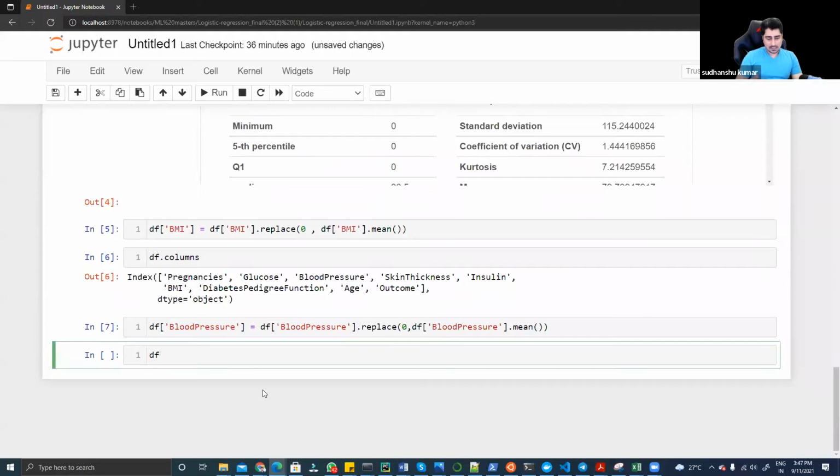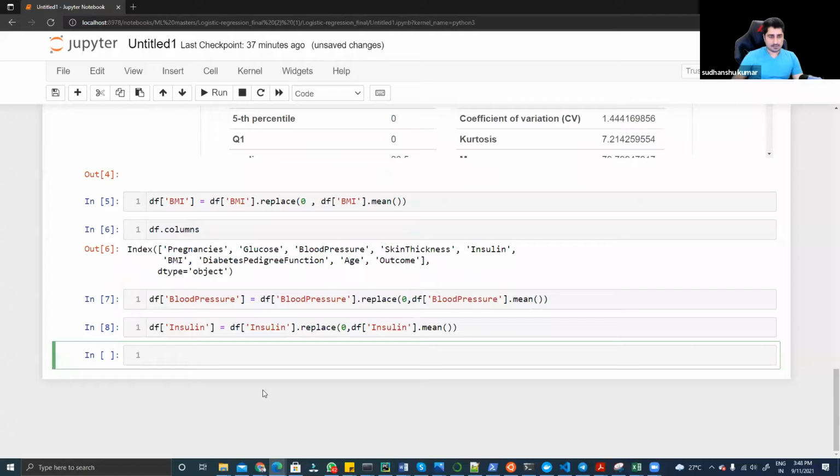Now this is done. The next column I can pick is the insulin column. Data frame of insulin dot replace zero with data frame of insulin mean. That is done.